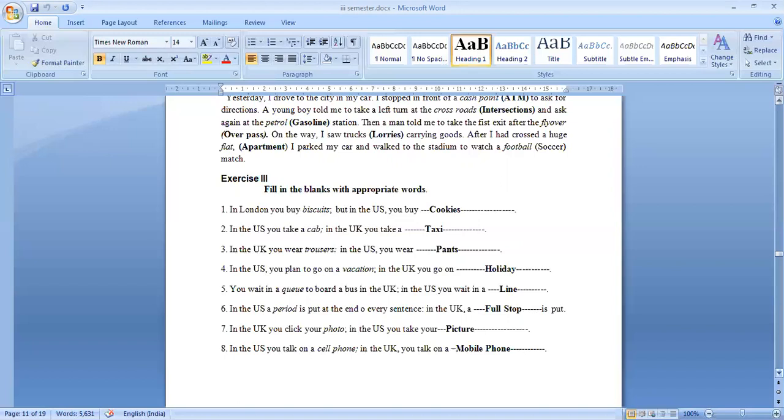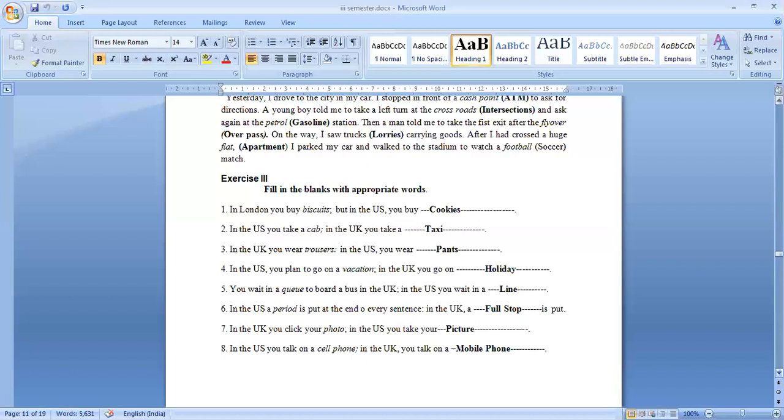So if you are in Britain and you are visiting a bakery, there you buy biscuits. You go to the shop and if you inquire for biscuits, they will give you. But if you are visiting the US and you go to the same shop and ask for biscuits, they don't give you because they call those same things by a different name.